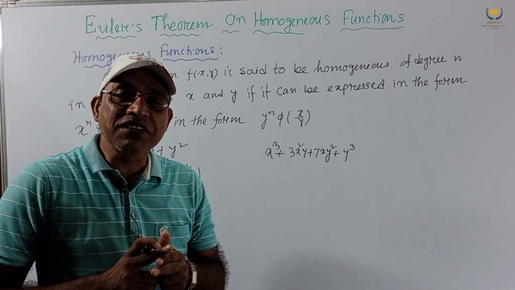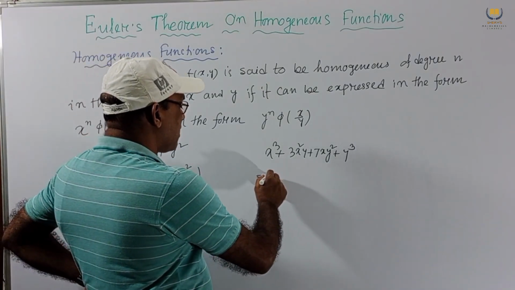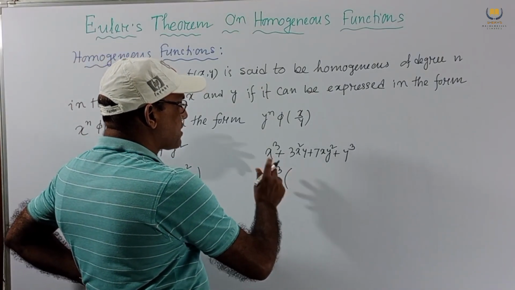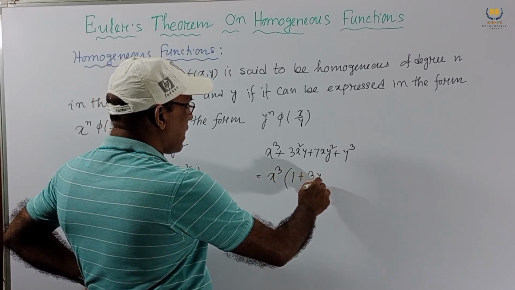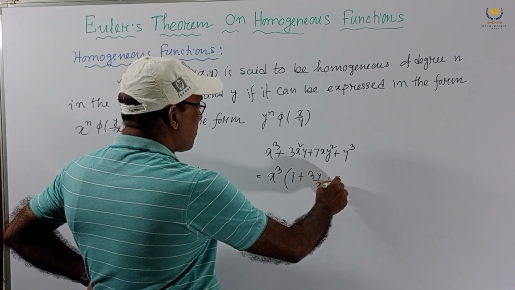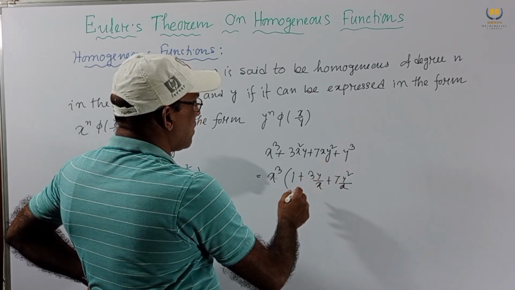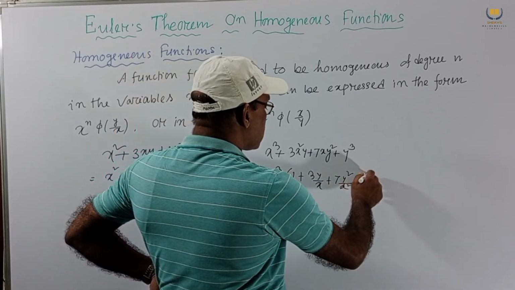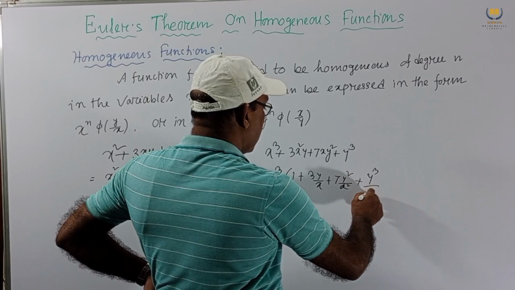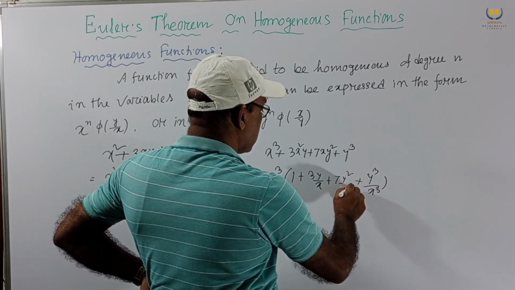All the terms have the same degree. So this can be expressed by taking x cube common: we get 1, 3y by x, 7y square by x square, plus y cube by x cube.